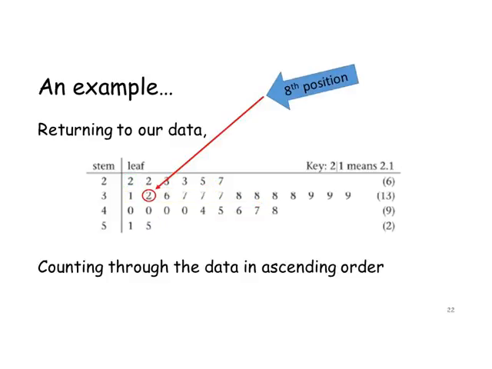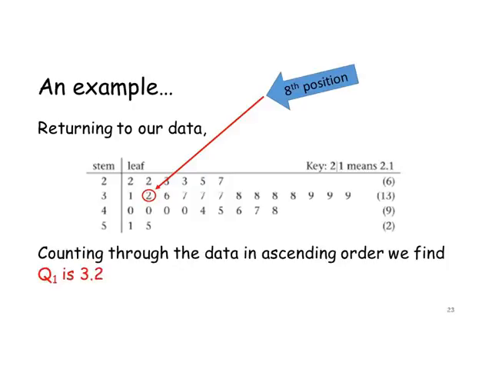Counting through, the 8th position is here, and it stands for 3.2. We have the 3 stem, leaf of 2, and the key told us that that means 3.2.